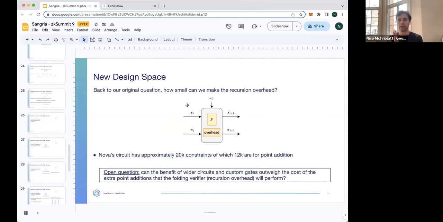You fold everything together, and then you actually do your PLONK proof. The completeness and knowledge soundness properties tell us that as long as you're folding things correctly, the copy constraints will be preserved. So if you're folding things that respect the copy constraints into each other, whatever comes out will also respect the copy constraints.